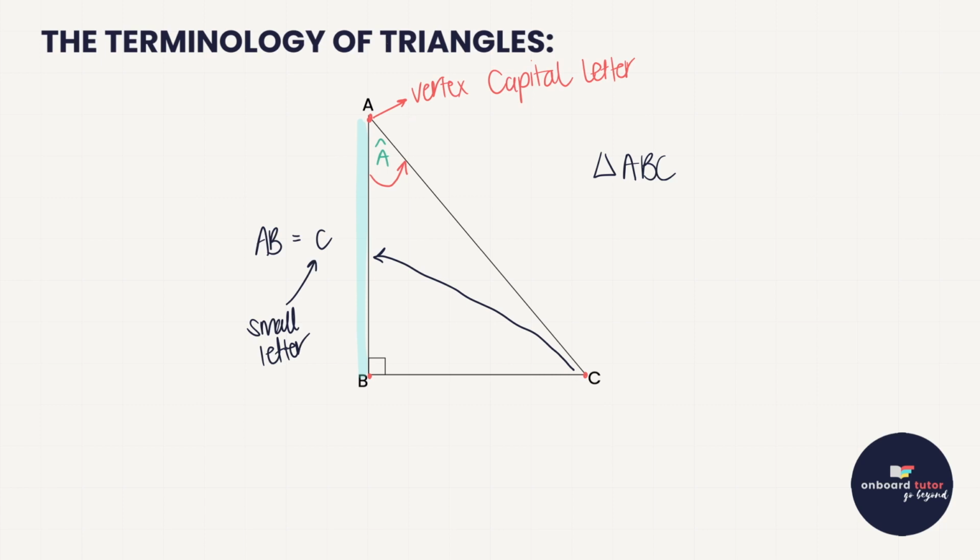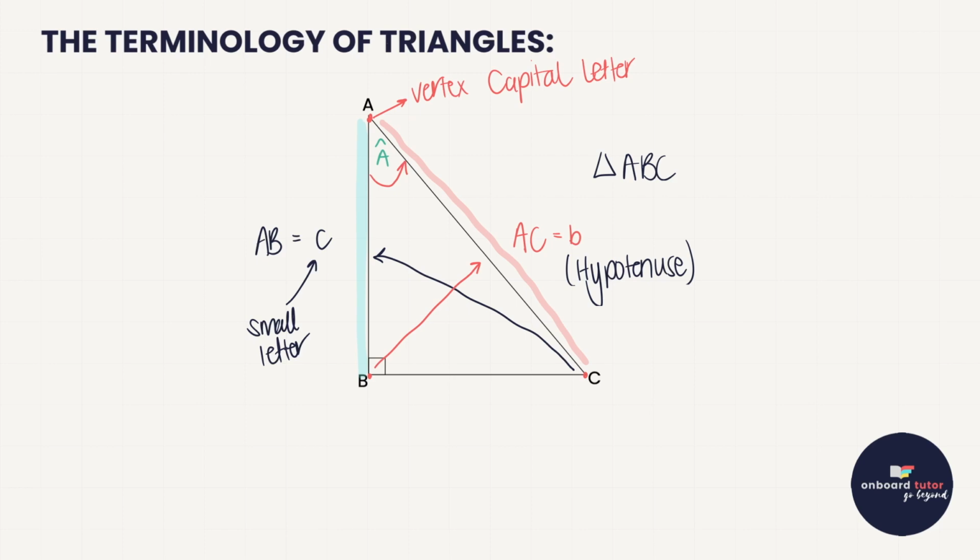Okay, if we have a look at this side length here, AC, let's just check that we definitely know how to refer to it. So AC, we look at the angle that's directly opposite, and we'll say that is small letter b. Okay? And then also, because we've been paying attention, that is the hypotenuse. And we know the hypotenuse relatively well because Pythagoras' theorem has been a part of our lives for quite some time.